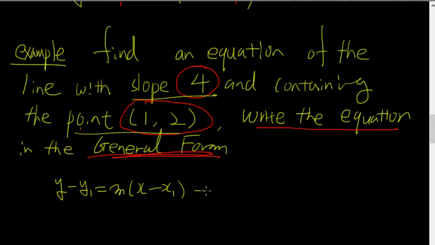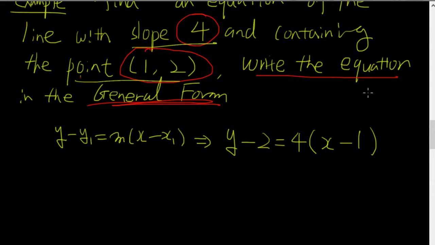So our equation is going to be y minus 2, which is y1, equals m for slope, 4, times x minus x1, 1, right there. So this is the equation that describes a line that passes through this point and has a slope of 4.